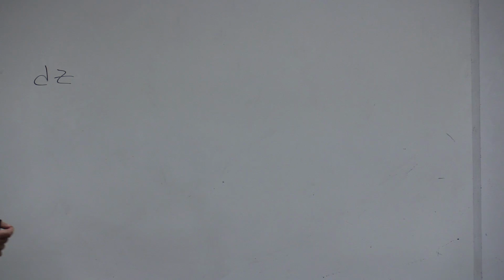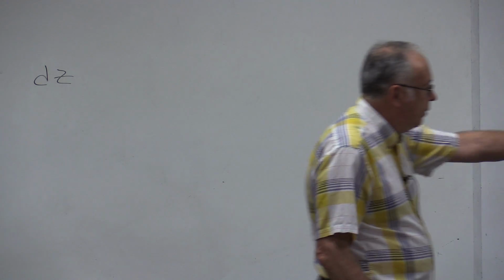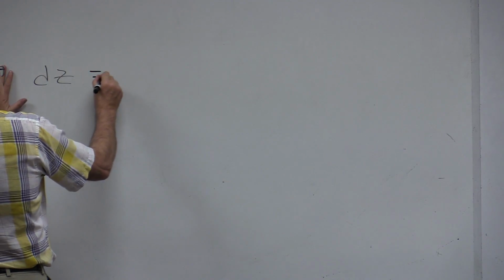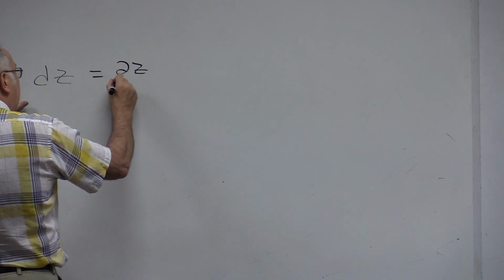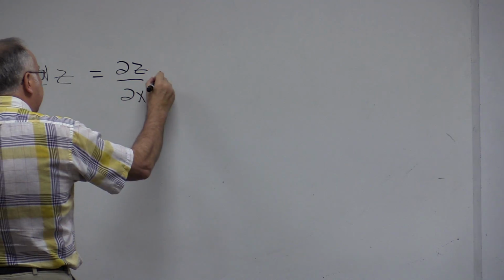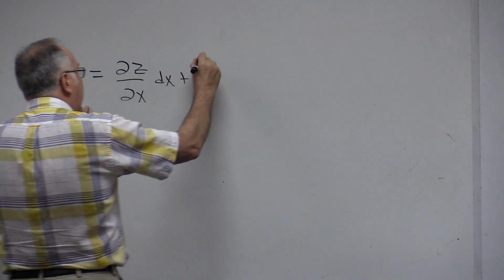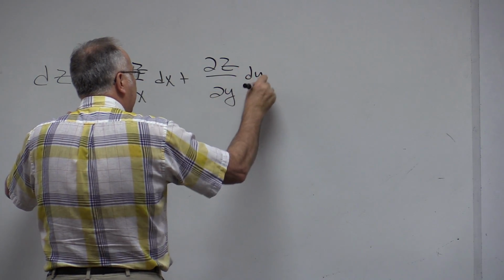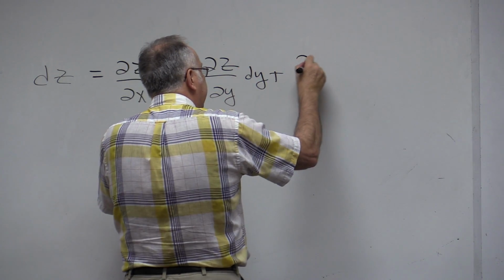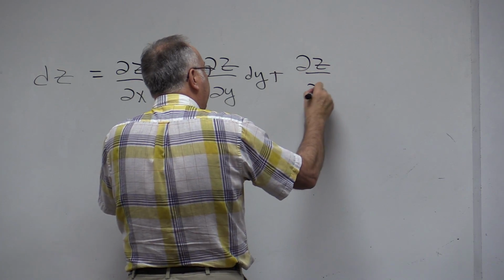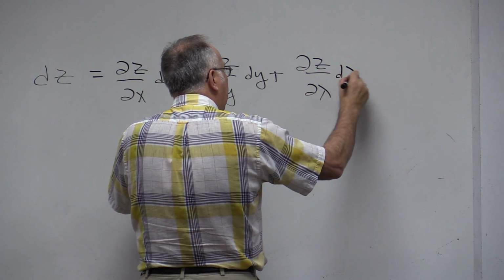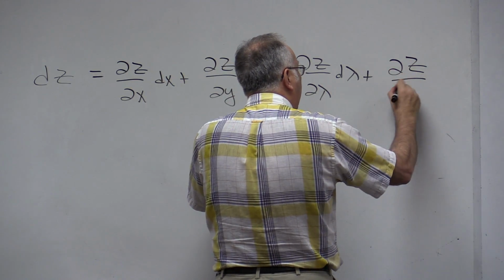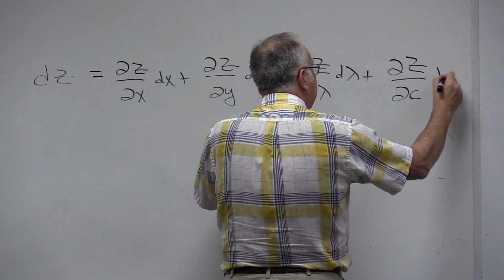Well, Z is a function of these four variables, so the total differential must be this. It must be partial Z, partial X dx, plus partial Z, partial Y dy, plus partial Z, partial lambda d lambda, plus partial Z, partial C dc.